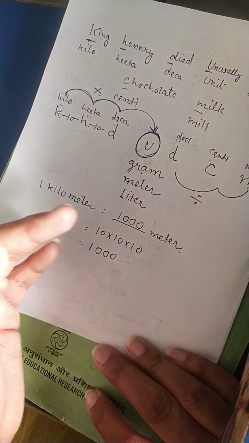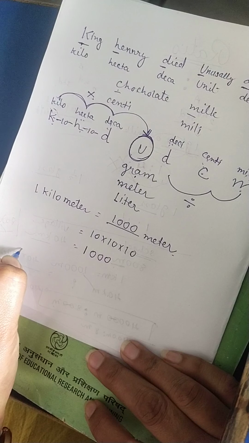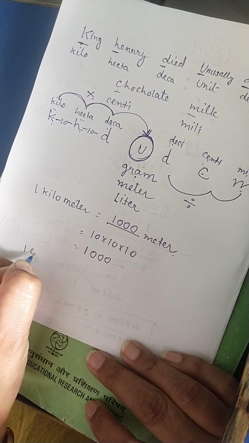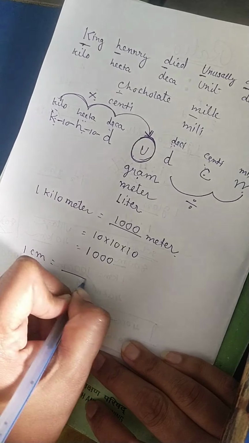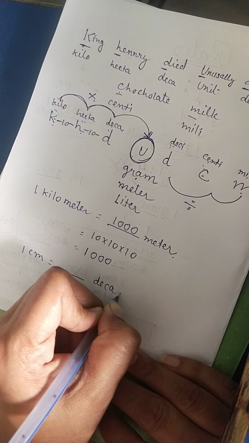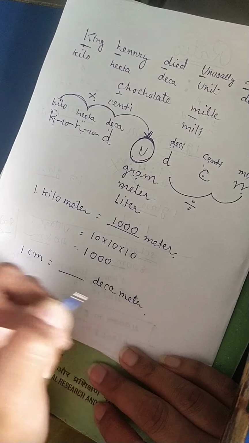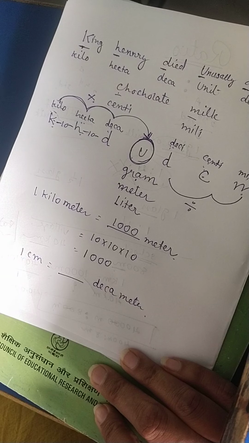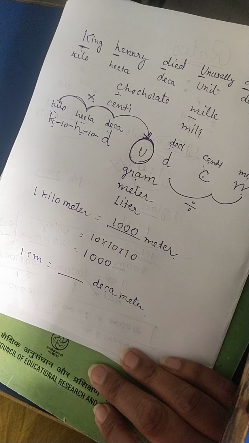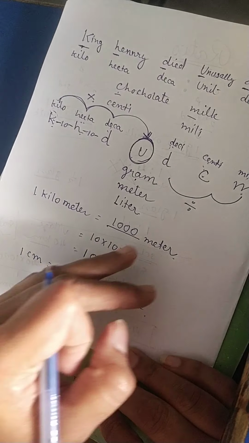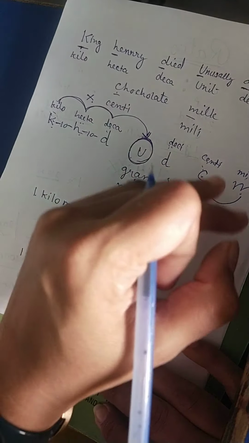Understood? Now suppose 1 centimeter is equal to dash decameter. Which side do we have to move? We have to move to the big side, the left side.